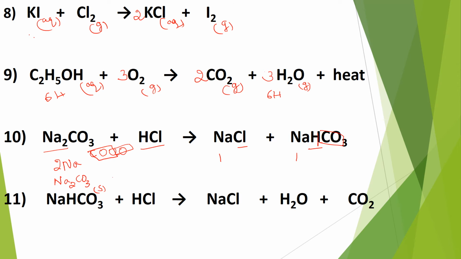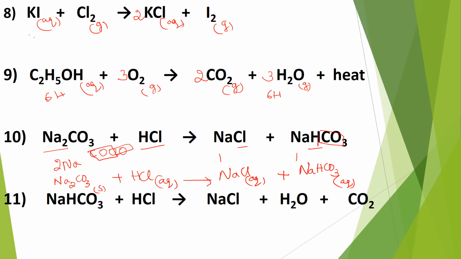Na2CO3, which is a solid salt, combines with hydrochloric acid, which is an aqueous solution, to form sodium chloride, which is an aqueous solution, and sodium hydrogen carbonate, which is again dissolved in water, so it is an aqueous solution. So this is how you need to write the balanced chemical equation.